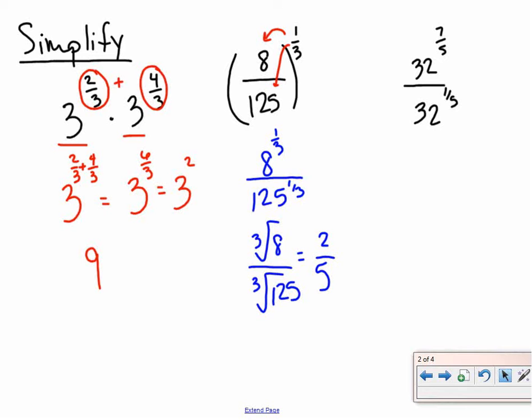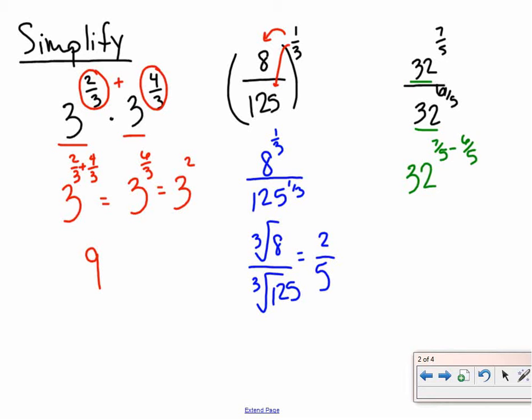For my last example, I have 2 values with the same base. They both have base 32 and they're being divided. So by my rules, I am going to subtract their exponents. This is the same as 32 to the 7/5 minus 6/5.